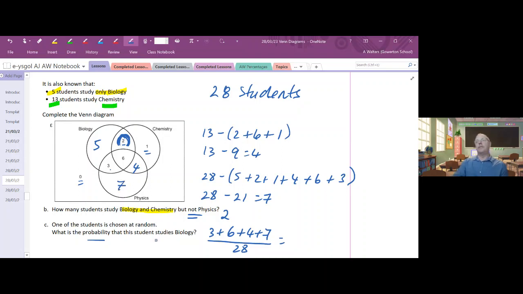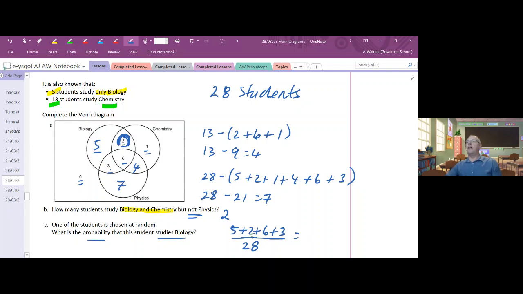Okay. What's the probability that students study biology? And I was going for physics. Okay. So once again, it's over 28 because 28 is the total. The people that study biology are these on the left here. So it's the 5, the 2, the 6, and the 3. The 5 plus the 2 plus the 6 plus the 3.